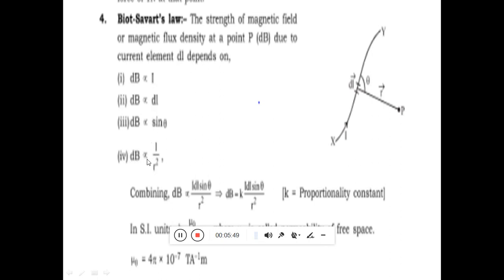Now if you combine all these four points, what you get? dB is proportional to I dl sine theta divided by r square. On removing the proportionality sign, you get a constant k. Now the value of k here is mu naught divided by 4 pi. If you put the value over here, dB is equal to mu naught divided by 4 pi, I dl sine theta by r square.